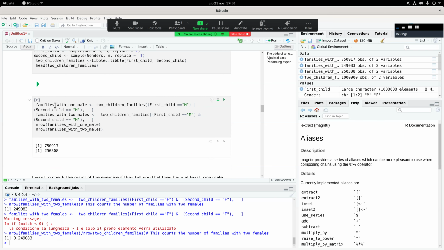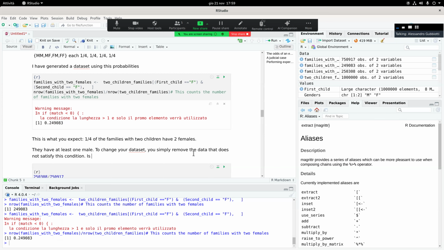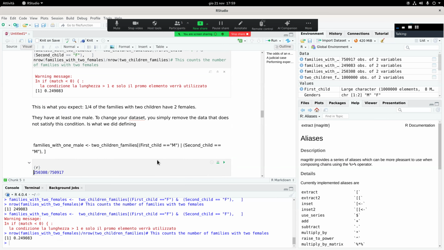It's what we did defining this condition. You see, the condition is that either the first child is a male or the second one is a male.